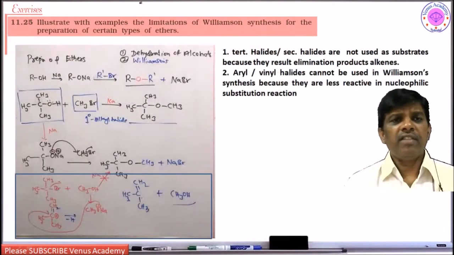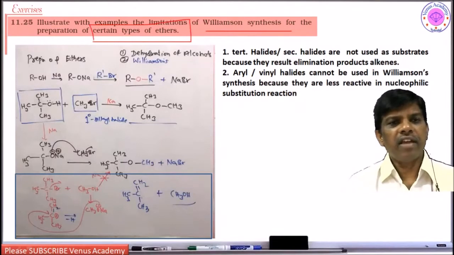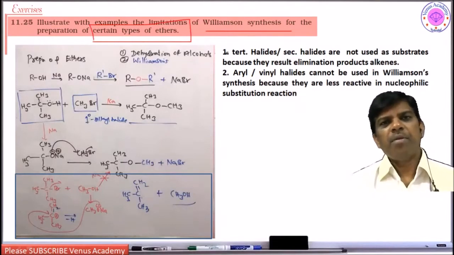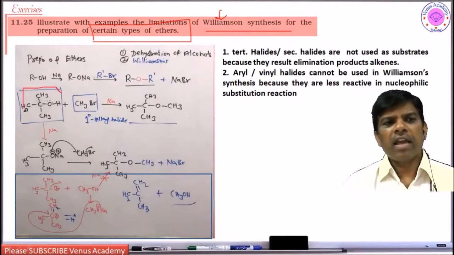Next, illustrate with examples the limitations of Williamson synthesis for the preparation of certain types of ethers. Dear students, just now I explained that mixed ethers can be prepared by the versatile Williamson synthesis by taking an alcohol. For mixed ethers, the aryl or alkyl part which is secondary or tertiary has to be taken as the alcohol part, whereas the other part is taken as the halide part.